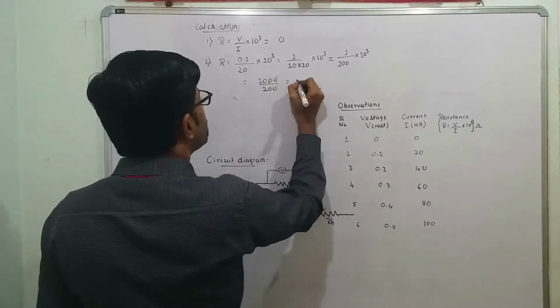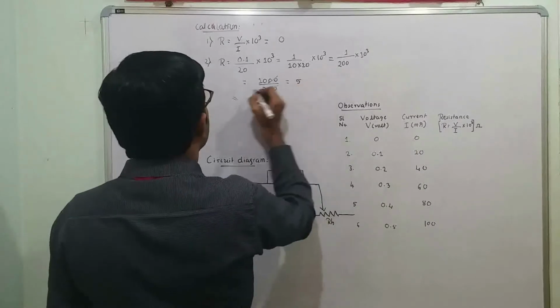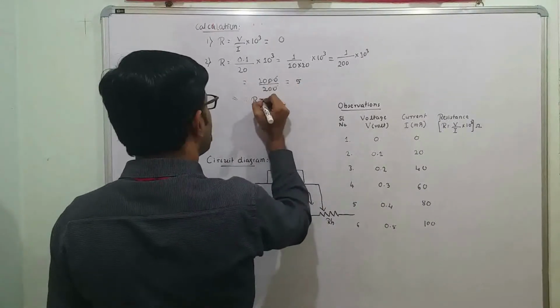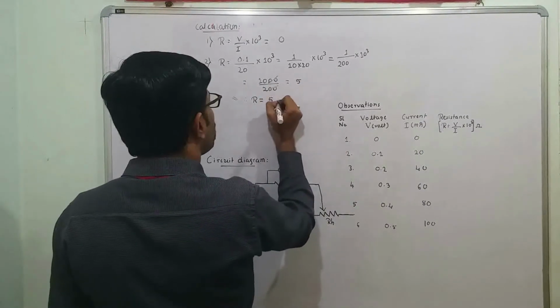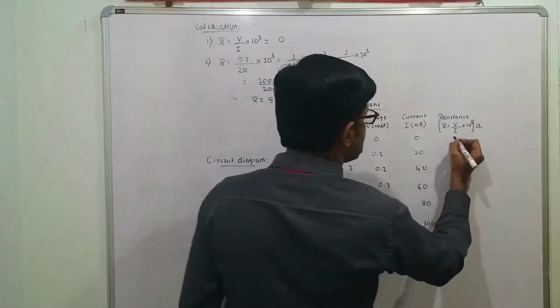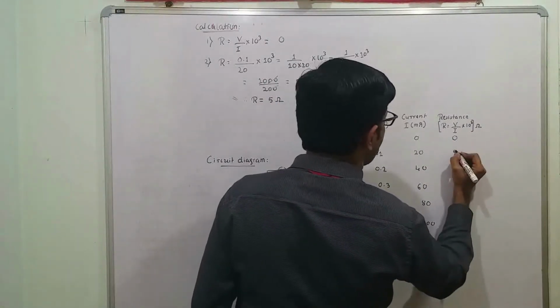Therefore you are left with 5, and hence R is equal to 5 ohm. This is 0, now this is 5.